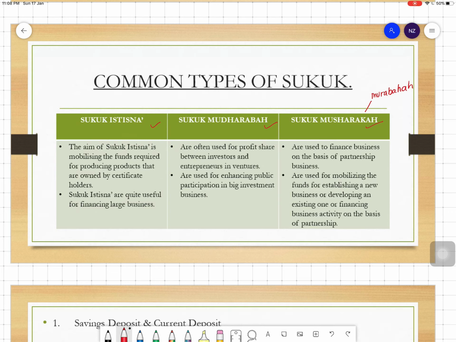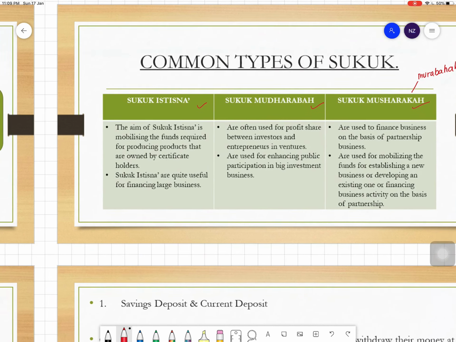Dia punya double entry, dia punya accounting treatments, all of it kita dah belajar in chapter 8. And this one is only like the explanation, ataupun if you guys want more information on the suku istisna ke mudarabah atau musyarakah, korang boleh baca di slide lah.